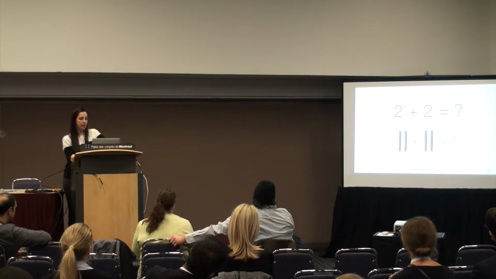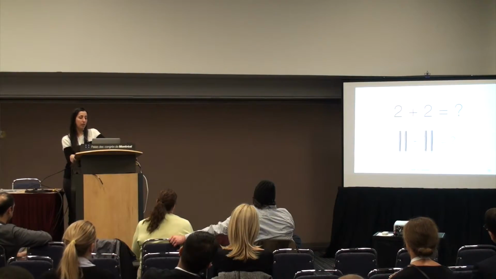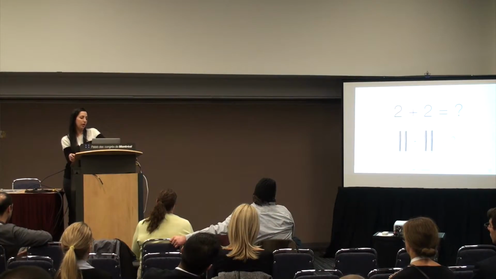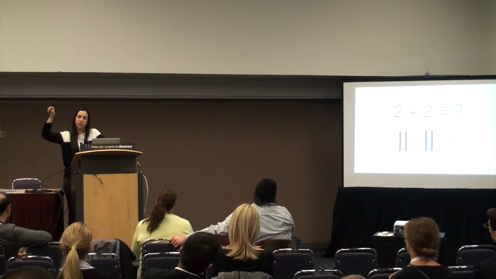For instance, in API, we found out that some students with intellectual disabilities have a hard time solving basic math expressions. But on the other hand, if you show them the same expression, but instead of numbers, you use two objects, they can actually count these objects and give the correct answer.